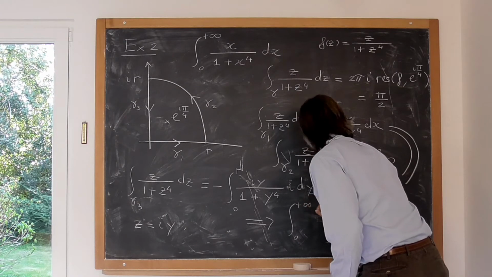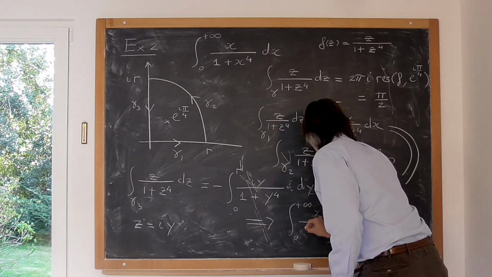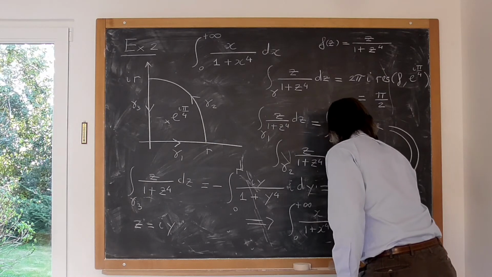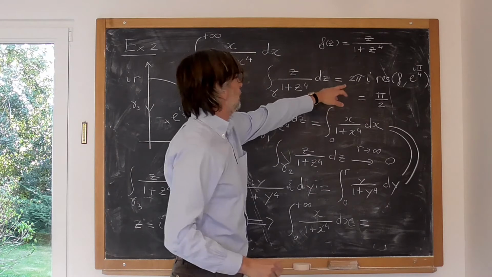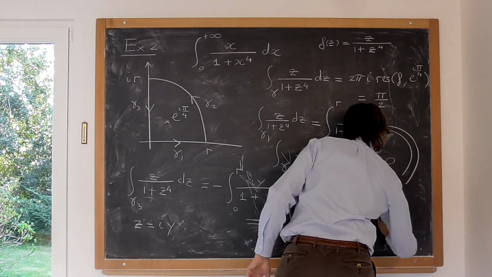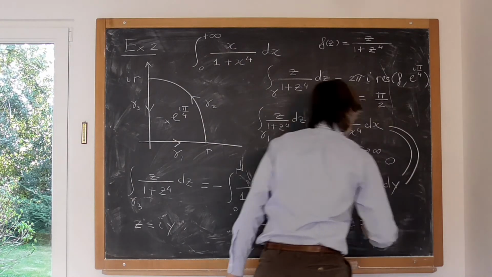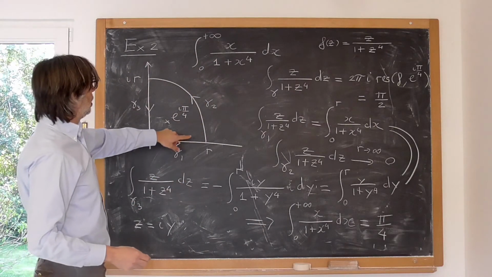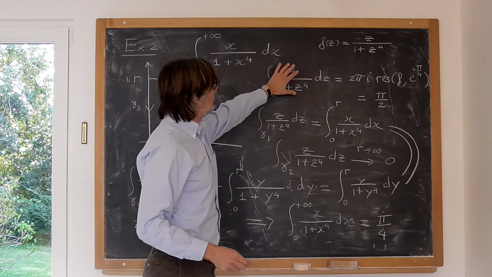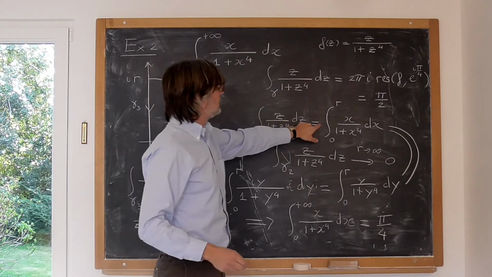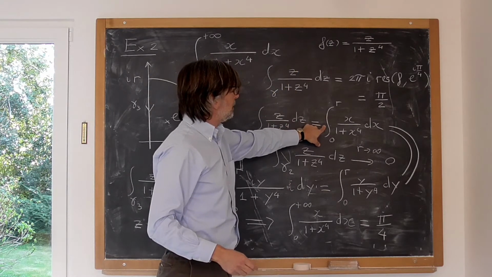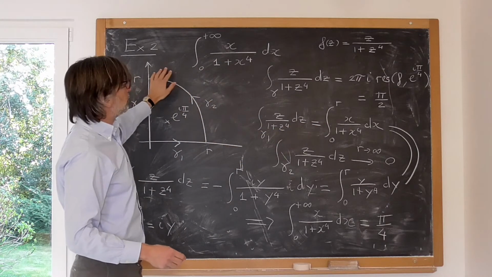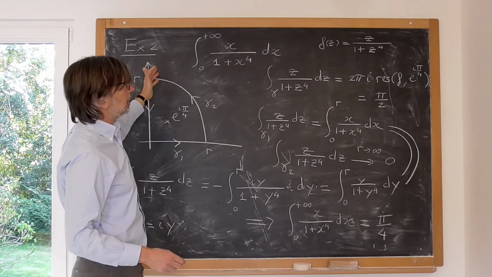The conclusion is that the integral we are interested in, so the integral between 0 and plus infinity of x over 1 plus x to the power 4 dx is just half of pi over 2, so it's pi over 4. Okay, again, because this integral equals twice this integral plus something which is infinitesimal in r.